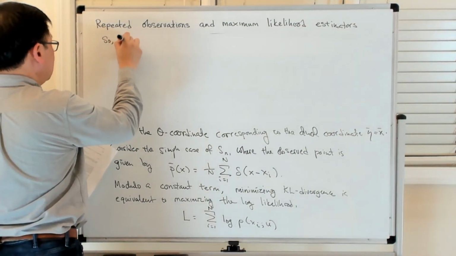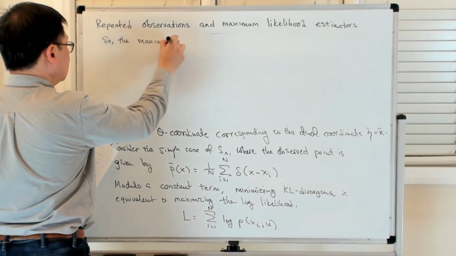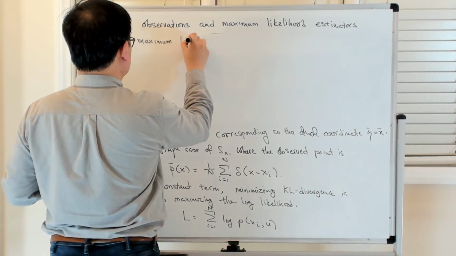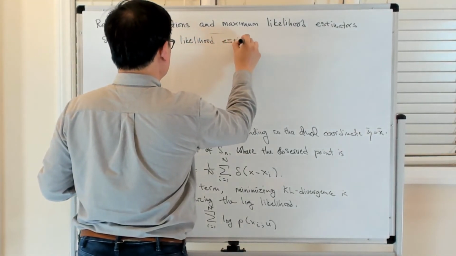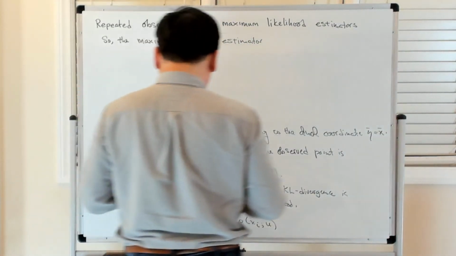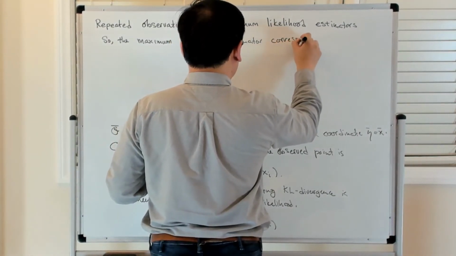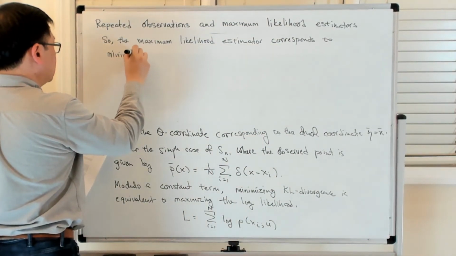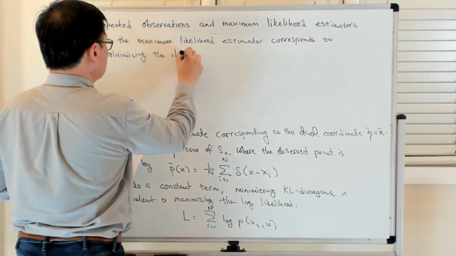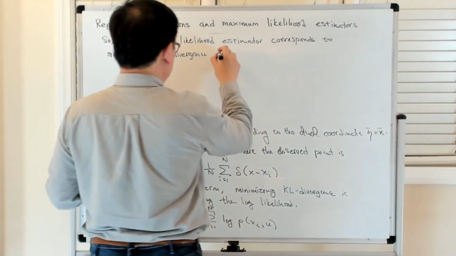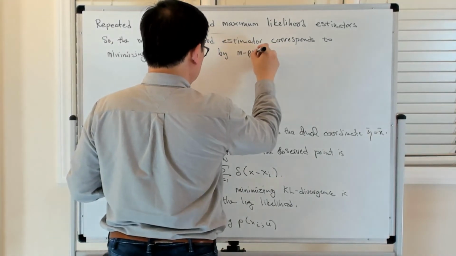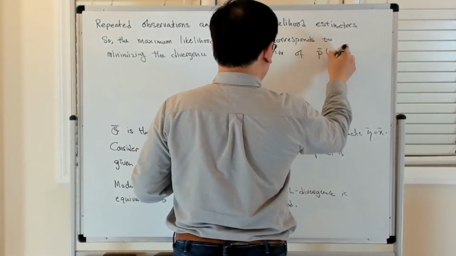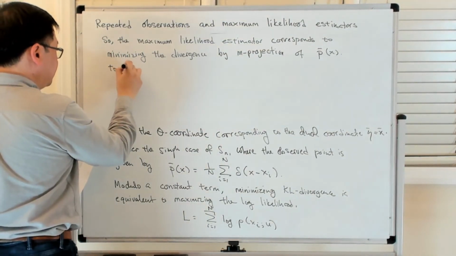The maximum likelihood estimator just corresponds to minimizing the divergence by M projection, which is this mixture projection, of this given probability distribution p bar of x to your space of statistical models.